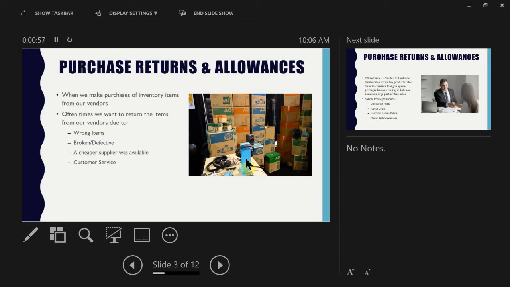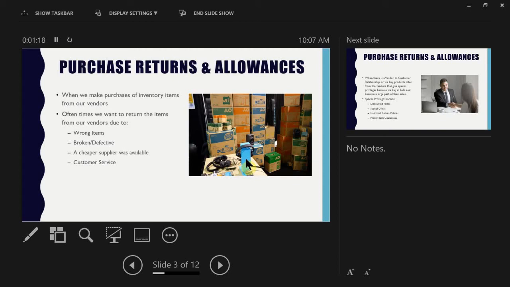Other than that, sometimes there's maybe a cheaper vendor or a cheaper supplier that produces the same quality item, but of course they sell it to you a lot cheaper. So that could be another reason why you want to return something, or also customer service.